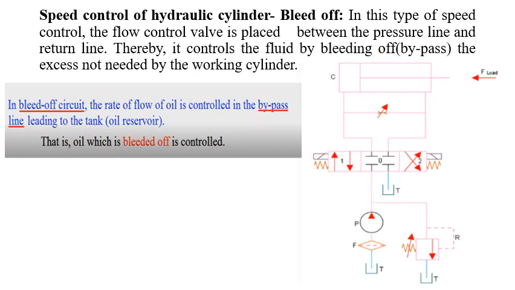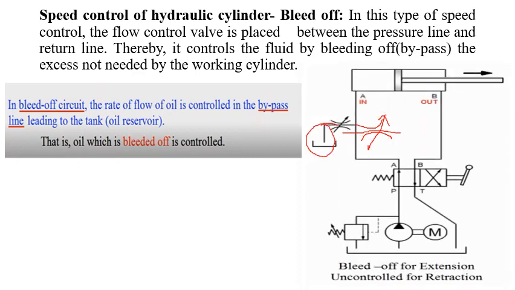Okay, and suppose the flow control valve is connected like this, what will happen? See, suppose this part is not there, only this one is there, so the flow is connected like this.